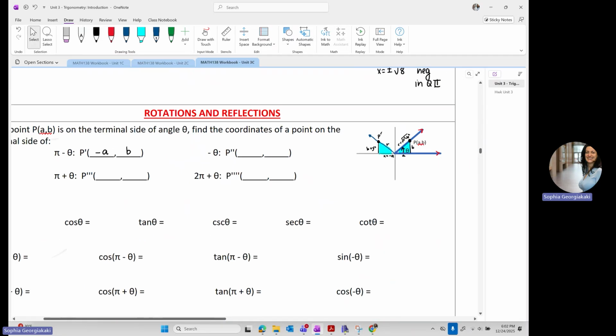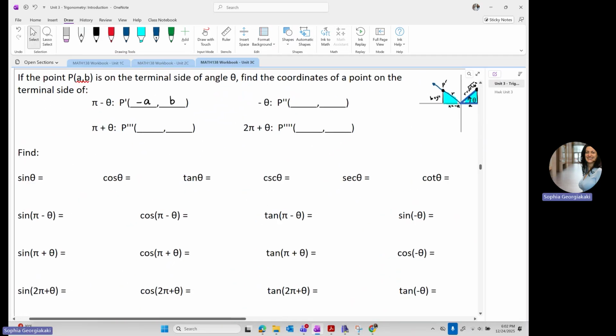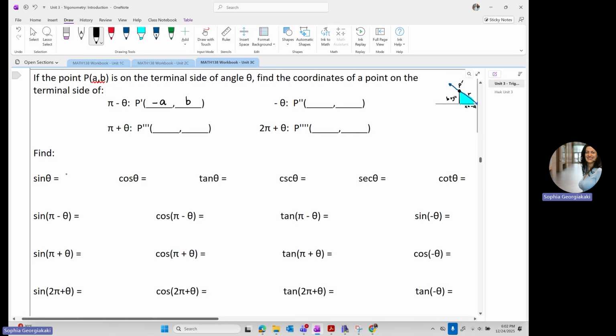And therefore, if the sine of theta was Y over R, which is B divided by R, then the sine of pi minus theta will be Y over R, which is B divided by R, and they will be the same.